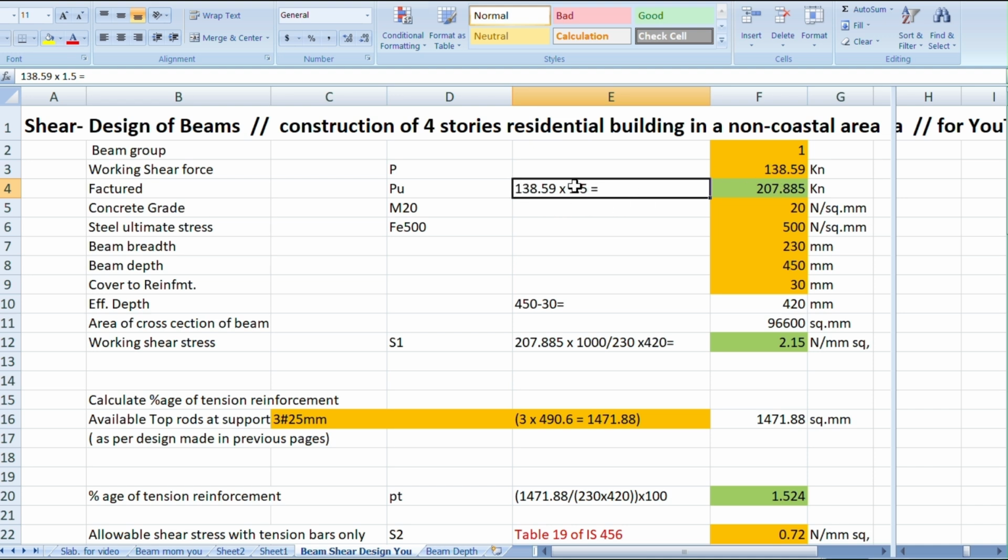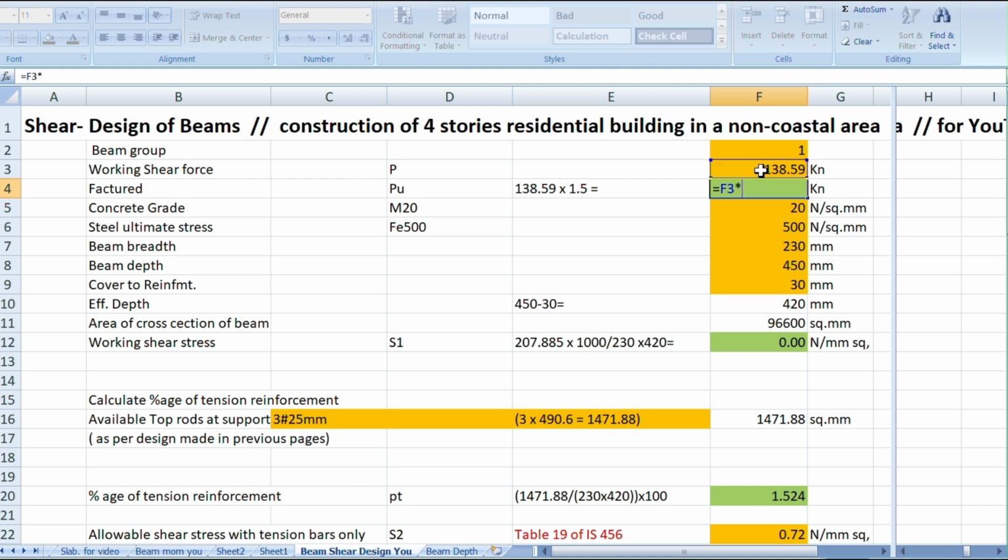We need not calculate this using a calculator; we can do it in the formula bar itself. You type equal, which means it goes to calculation. This is the shear available as per working level, this one into star into 1.5. You press enter and the calculation automatically comes. The computer automatically calculates and gives the result.